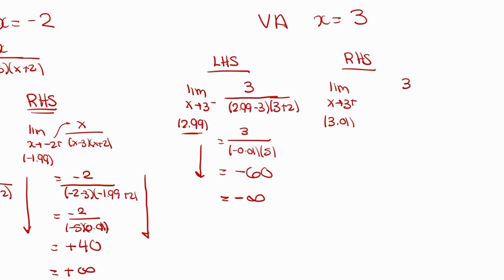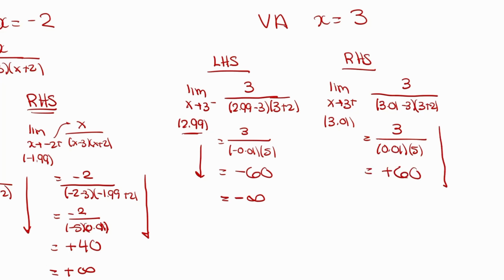So 3 over 3.01 minus 3, 3 plus 2 gives us 3 over 0.01 times 5. So that gives us positive 60. Again, if we were to continue to get closer and closer to positive 3 from the right-hand side, we can see that this value is going to get closer and closer to positive infinity.